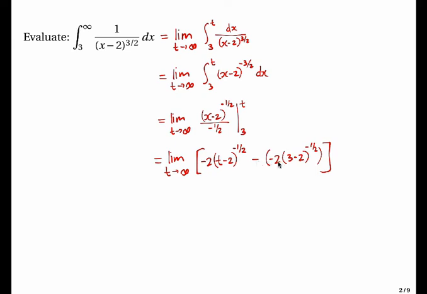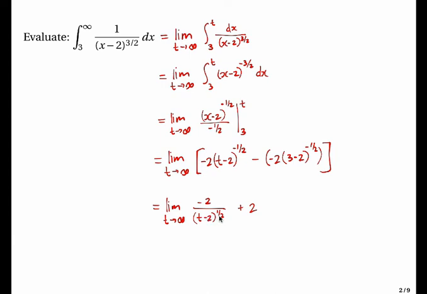So we get the limit as t approaches infinity. For the first term, we can write this as negative 2 over t minus 2 raised to positive 1 half, and then let's add that 2 coming from the other term. Now observe, as t goes to plus infinity, t minus 2 will go to plus infinity.